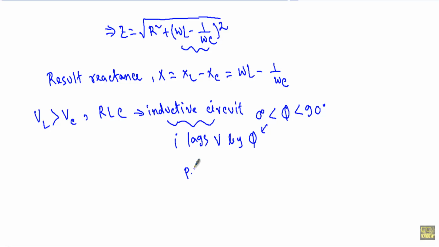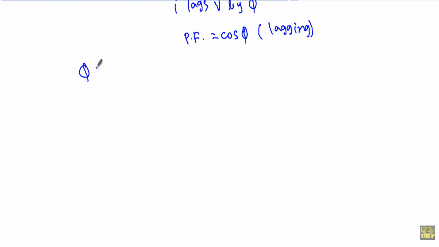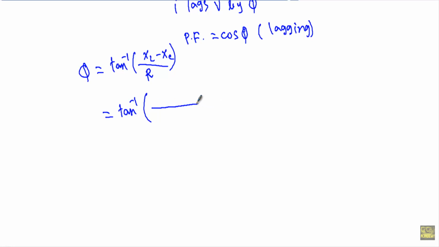As in the circuit, current lags voltage, therefore power factor, which is also cosine phi, will be lagging in this circuit, and the lagging phase angle phi will be equal to tan inverse (XL minus XC) divided by the resistance R, or I can write it like this: tan inverse resultant reactance by resistance.